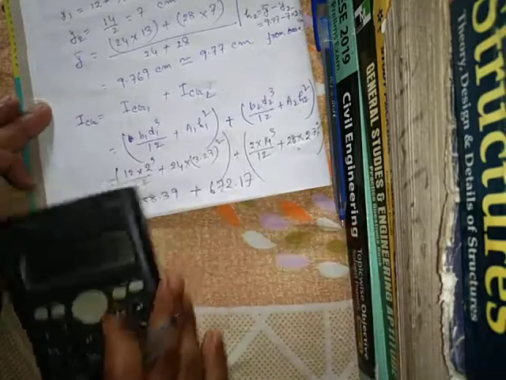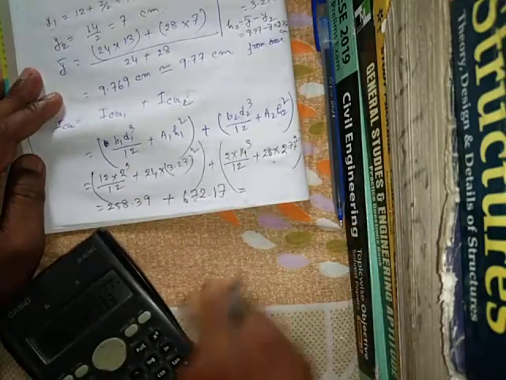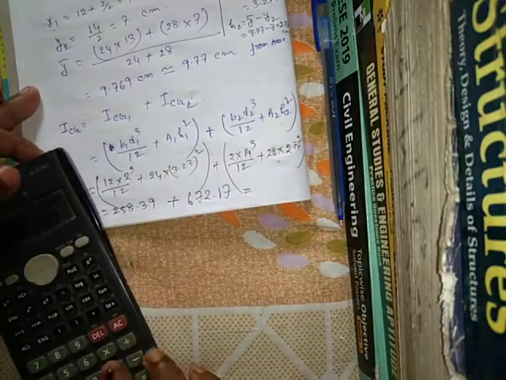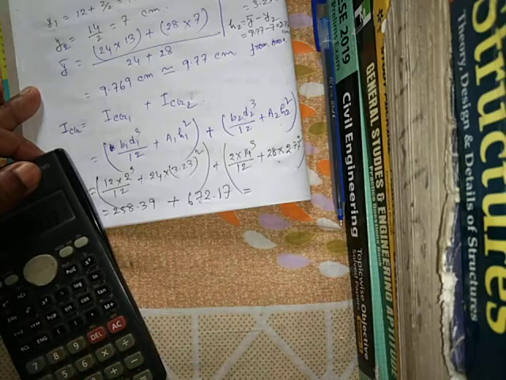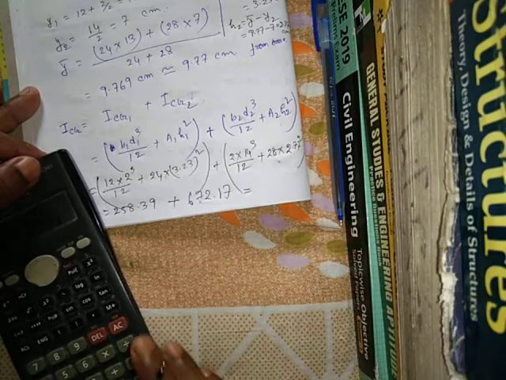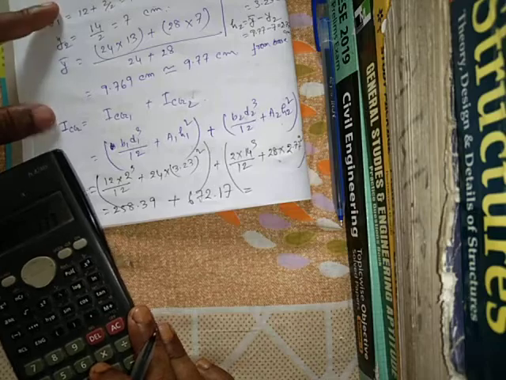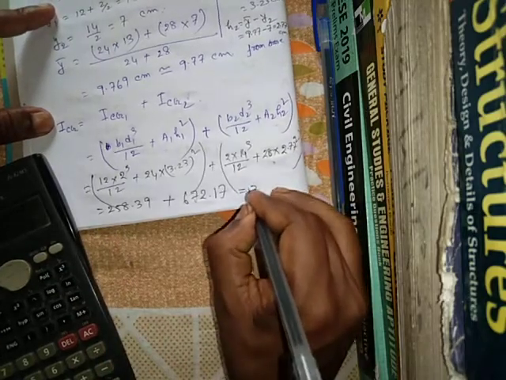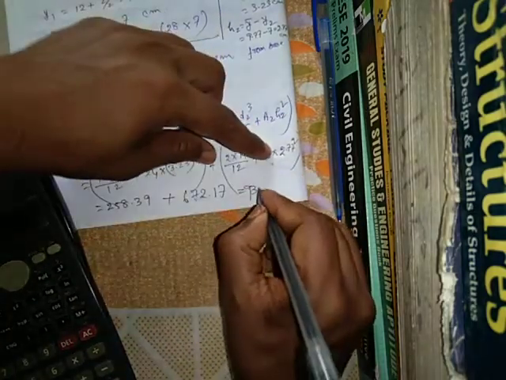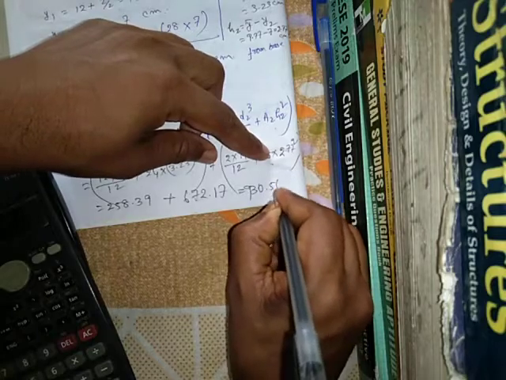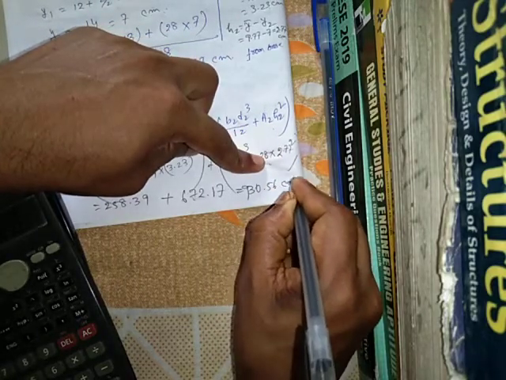Adding 258.39, the total is 930.56 centimeter to the power 4.